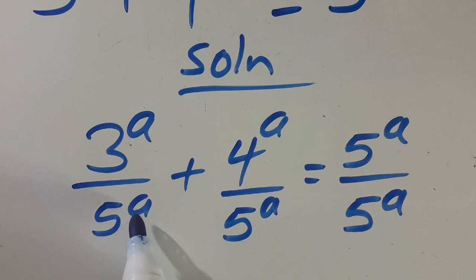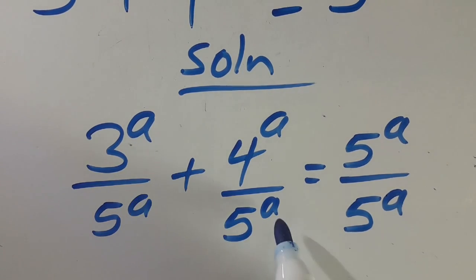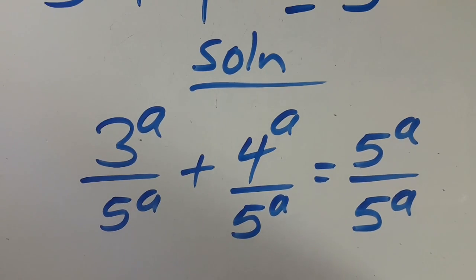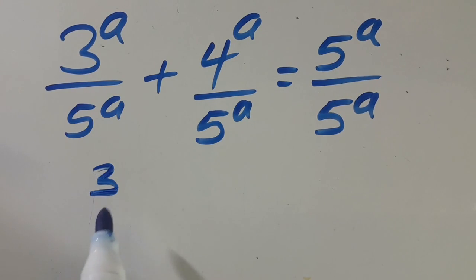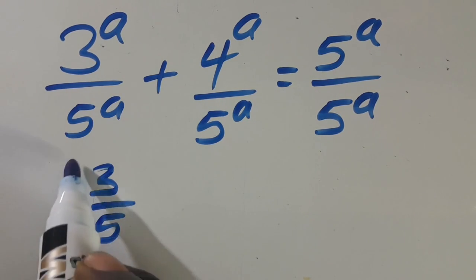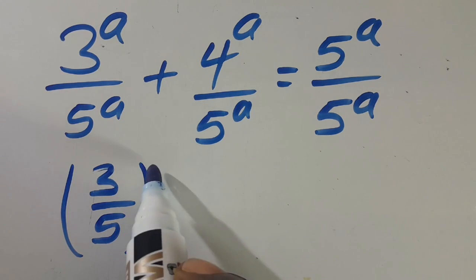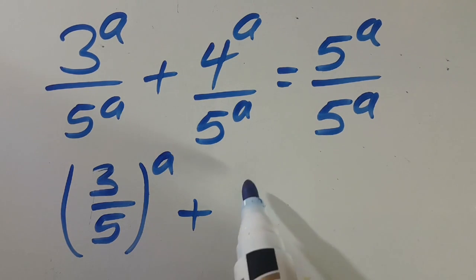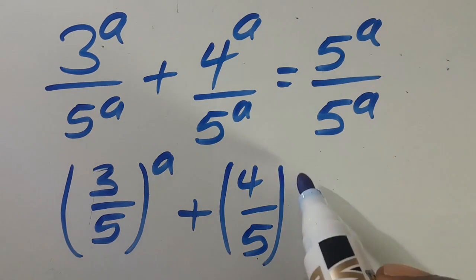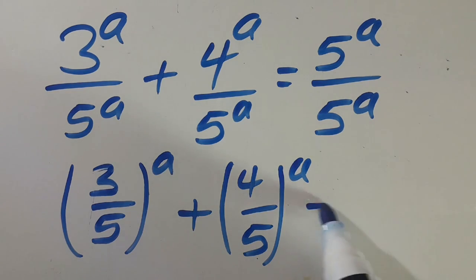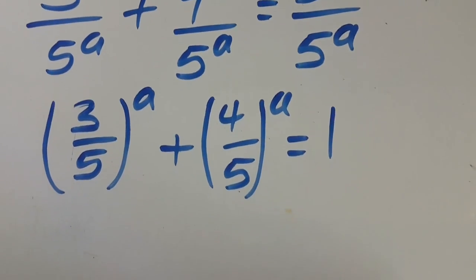So from here, they have the same power, so we can have it as (3 divided by 5), all in bracket, to the power of a, plus (4 divided by 5), all in bracket, to the power of a, equals this divided by this, which is 1.